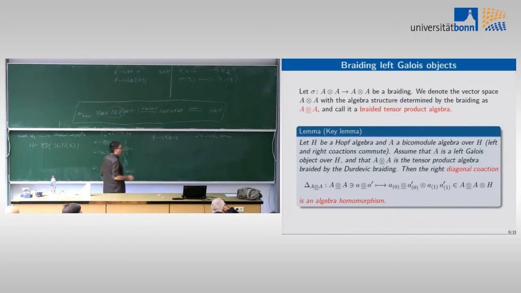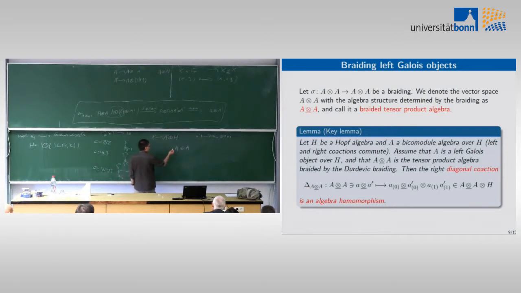What happens is the following, and this is a very powerful mechanism which is used over and over again. I take my A, and here I stated it just for Galois objects because that's all that I need for this talk. But for what I'm going to show you, we can go further; there's no need to assume that this is a Galois object. Okay, let's stick to it. So A is a left Galois object.